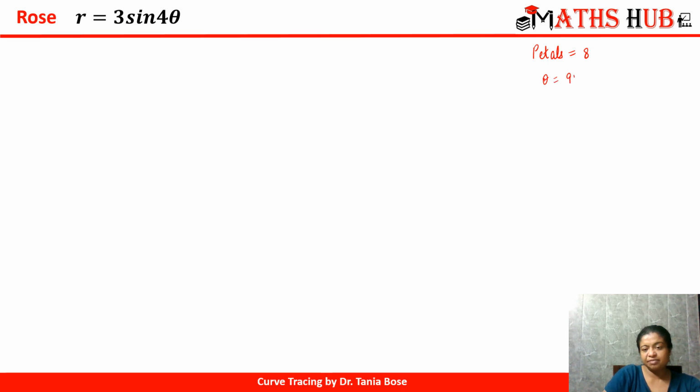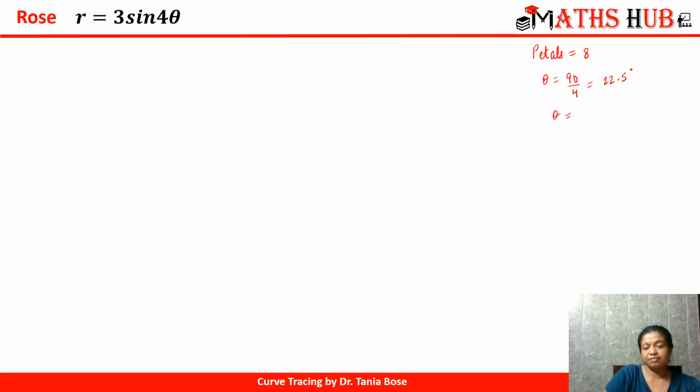Okay, the next one, rose with r is equal to 3 sine 4 theta. So here the petals are now double, that is 8. The first one occurs at 90 by 4, that is 22.5 degrees.